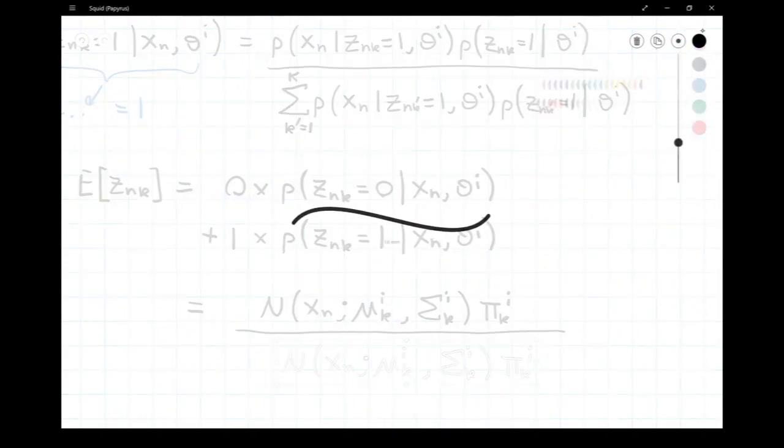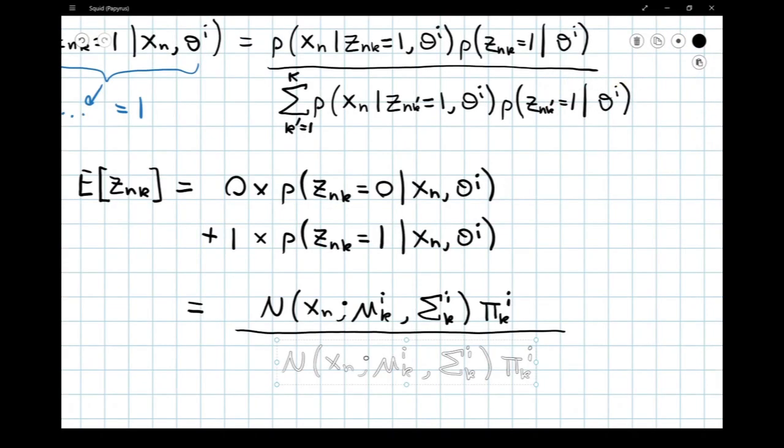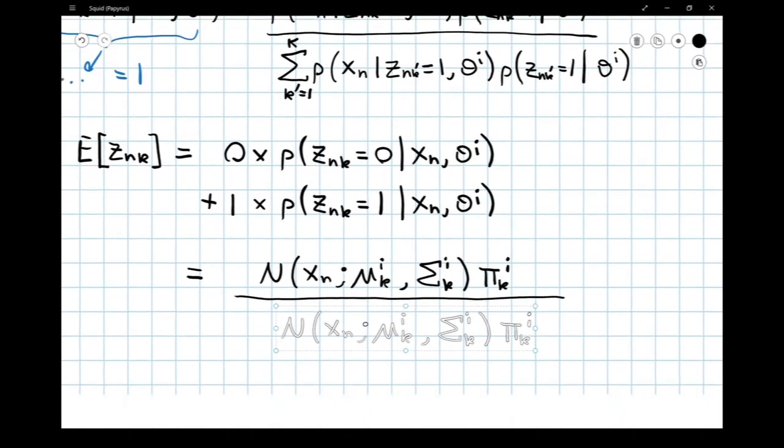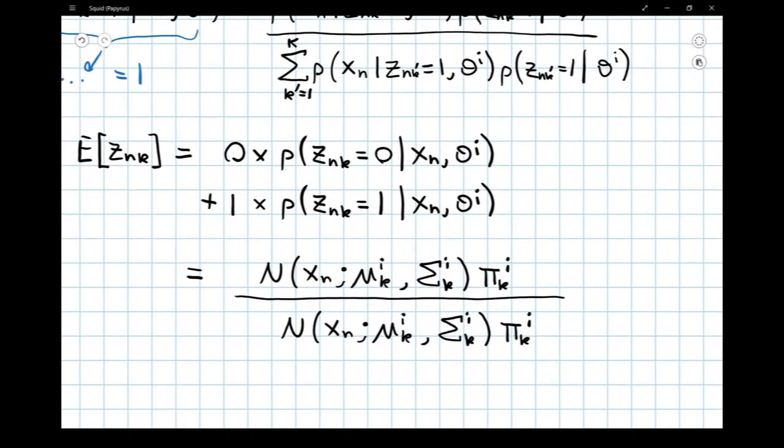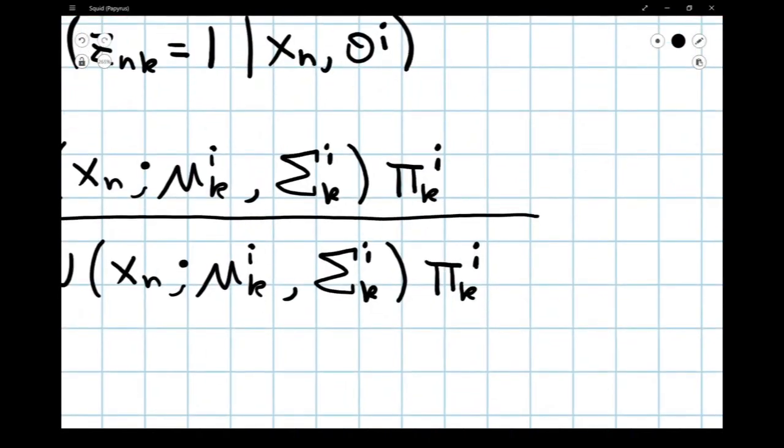And again, this is summed over k dash, equal to 1 to capital K. And these are now k dashes rather than k's.